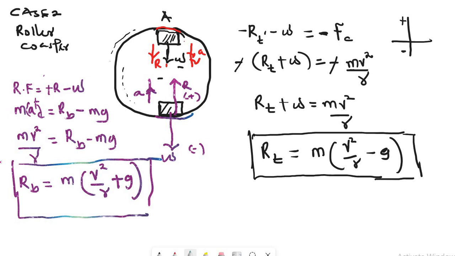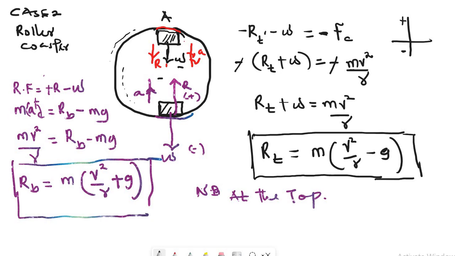Now, there are some things you should know about this reaction. Let me start from the top. At the top of the ride, the weight and the normal force both act toward the center.